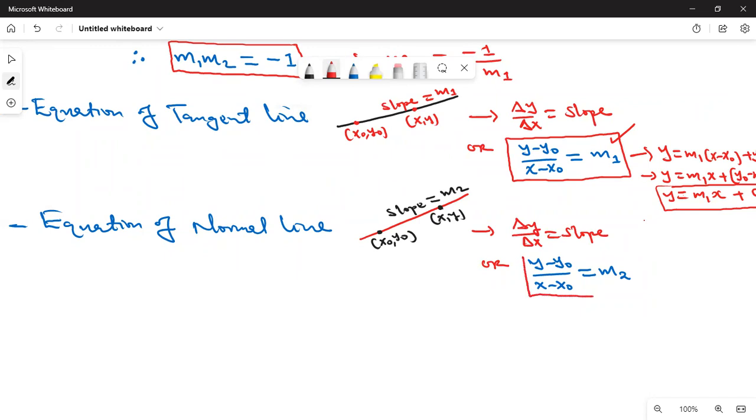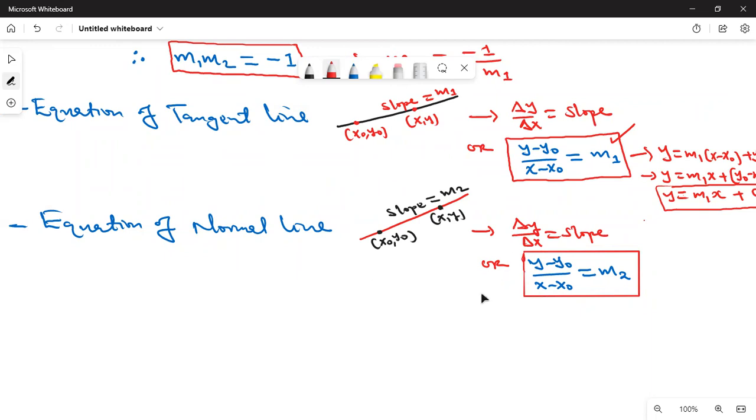So this is how to find the equation of the normal line. When you know the slope, you know a point on that line, and you also know a general point on the line. You will also write this in the form of y is equal to mx plus c.